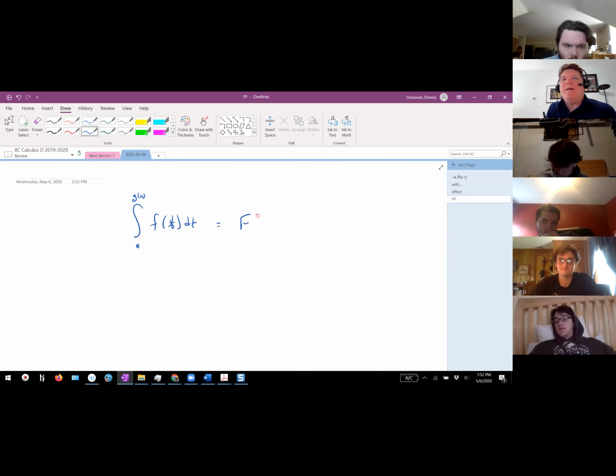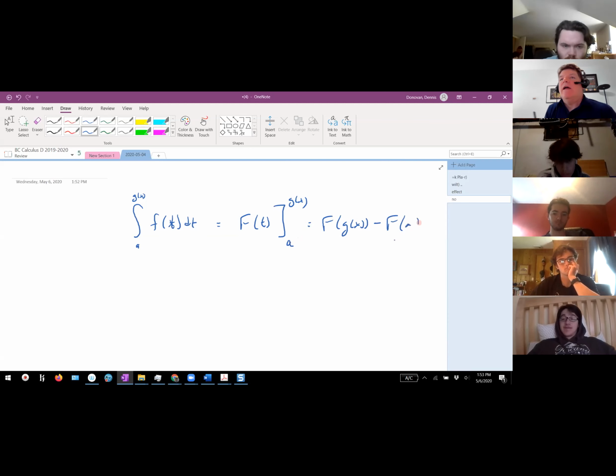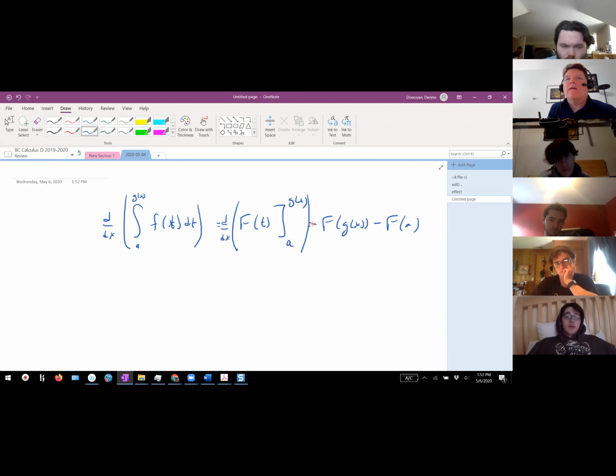So this would be capital F of t from 0 to g of x, right? So that's capital F of g of x minus capital F of a. But if I want to differentiate, I don't leave myself enough room here.